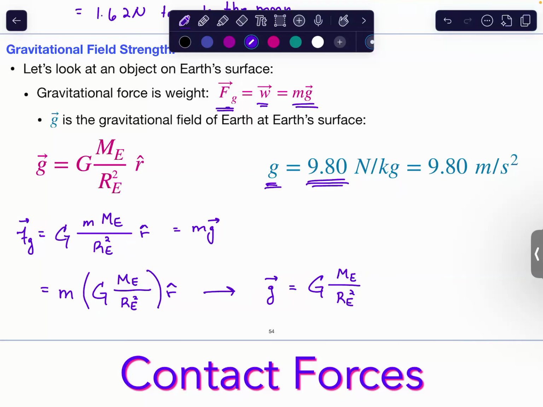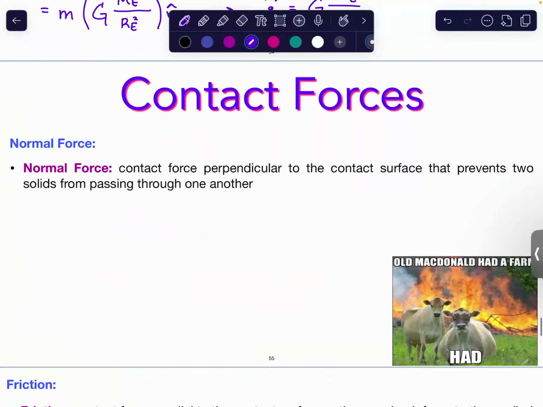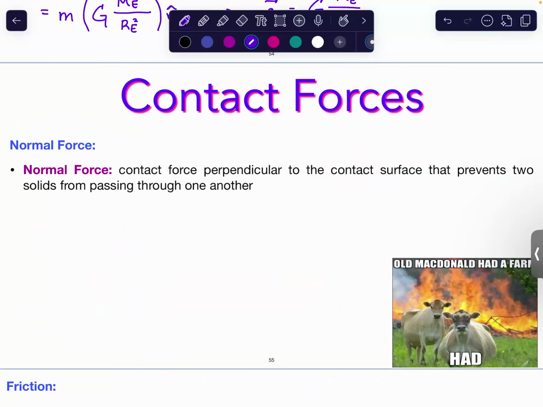Okay, let's start looking at contact forces. So contact forces, again, the normal force is one of them, friction is another one. These have to do with an object coming into contact with another object. And so what forces occur when that happens? Friction is caused when two objects try to slip past each other, but it only occurs when they contact each other.